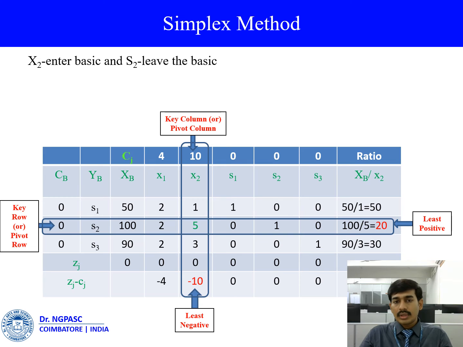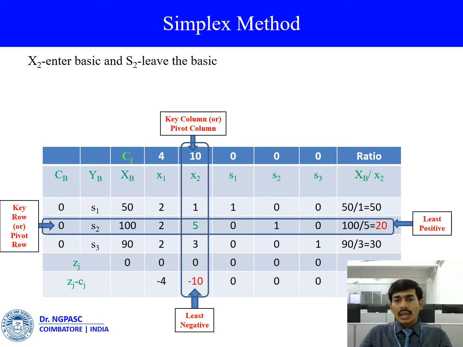After the key column, we find the ratio for this table. Ratio means XB divided by x2, where x2 is the key column or pivot column. So 50 divided by 1 equal to 50, then 100 divided by 5 equal to 20, then 90 divided by 3 equal to 30.